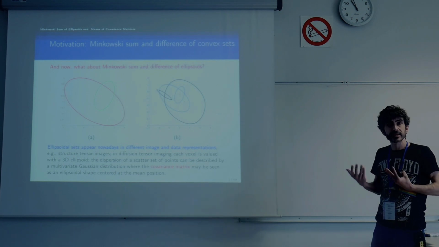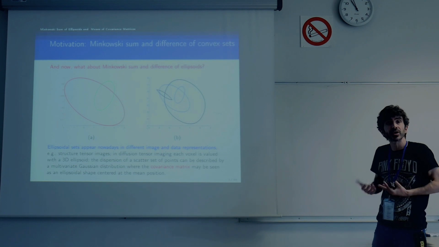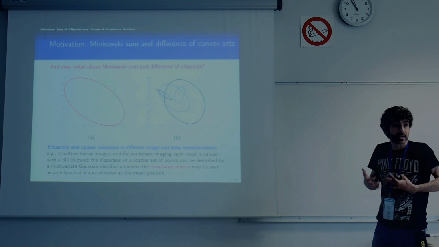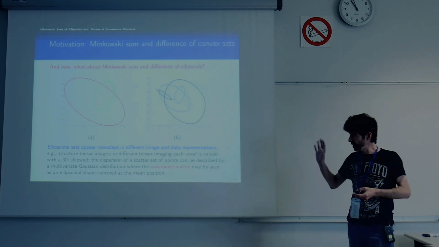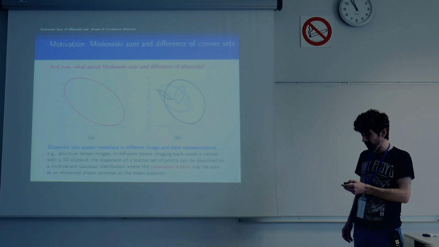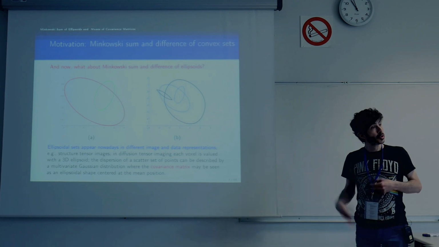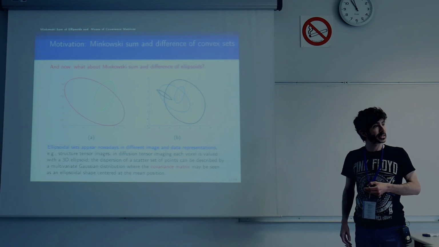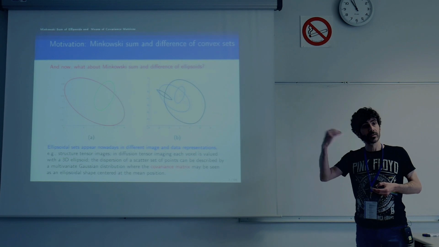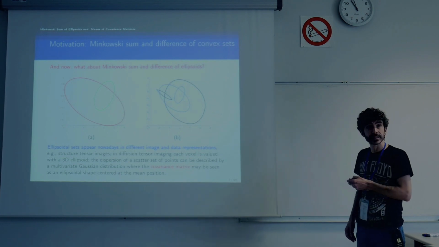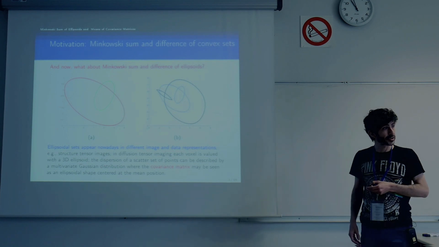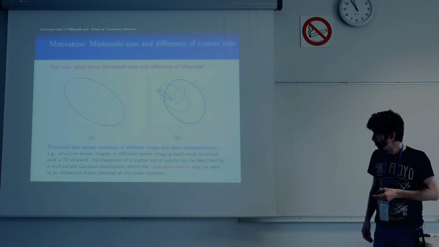I mean, this geometric object, the ellipsoid, will also represent something else, typically a covariance matrix associated to it. So basically here we're interested in finding good approximations to this kind of convex set, which are the result of the sum or the subtraction of two. So here the big one is the sum, and the small one is the subtraction between these two sets. Okay?